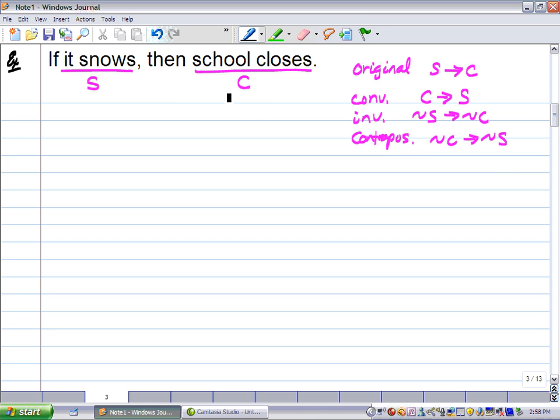So let's write these sentences. The converse is going to be if school closes, then it snows.